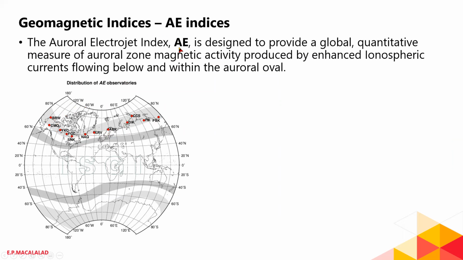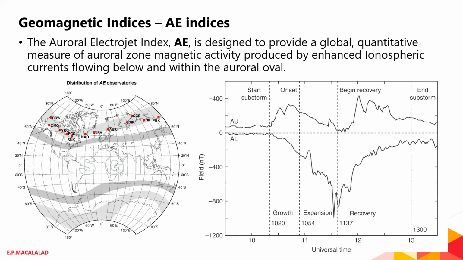The International Association of Geomagnetism and Aeronomy, or IAGA, officially recognizes the AE index and DST index as two of the officially recognized magnetic indices, together with the KP index. Later, I will talk about the KP index. Now, the AE index has several sub-indices.